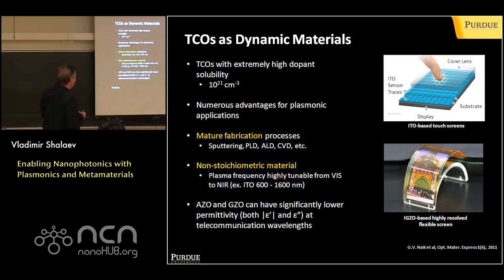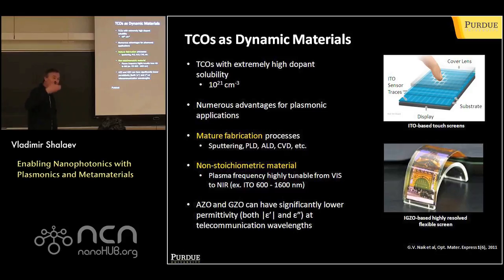So let's move on and overview a little bit, although I did talk about this already. To speak of these material platforms, and not to mention transparent conducting oxides that are perfectly suited for telecom applications, would be quite an omission. So what is special about transparent conducting oxides? They have very high solubility, meaning that you could dope them up to high concentrations, like 5 times 10 to the 21.